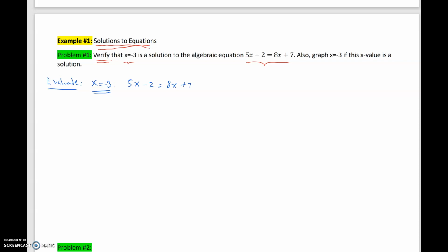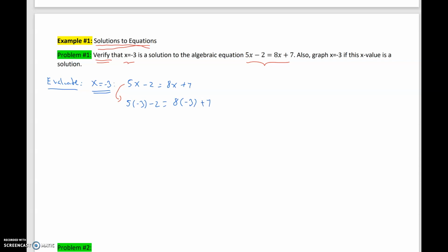And what we're going to do here is plug in the given x value. So let me just rewrite it underneath. So we're talking about 5 times -3 minus 2 is equal to 8 times -3 plus 7. And it is going to be a solution if you plug it in and we obtain a true statement.